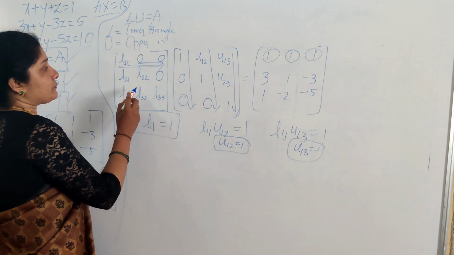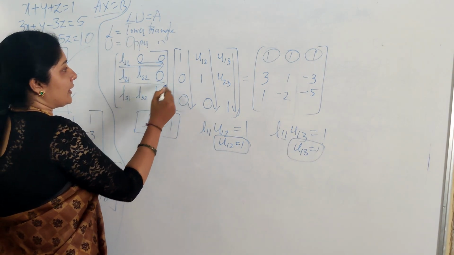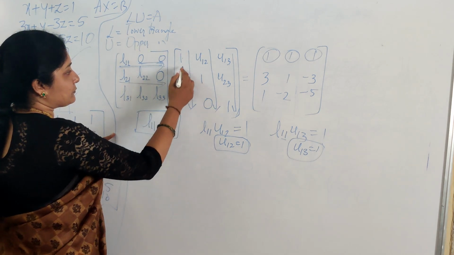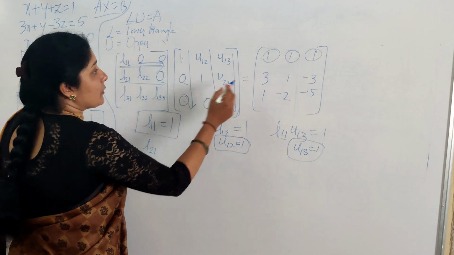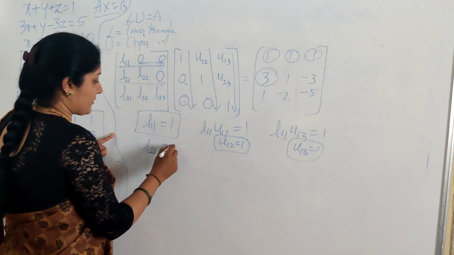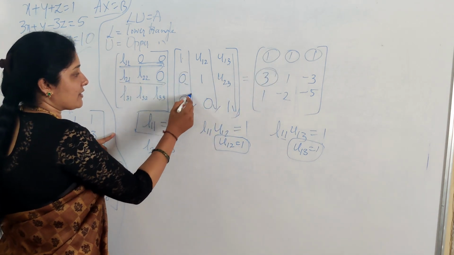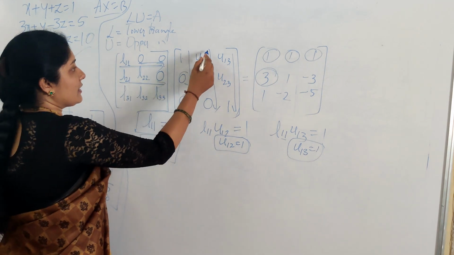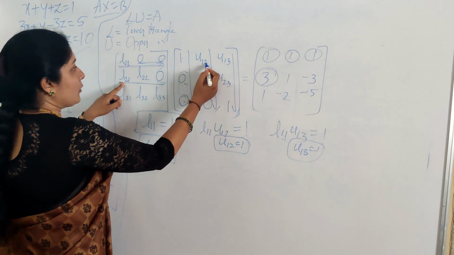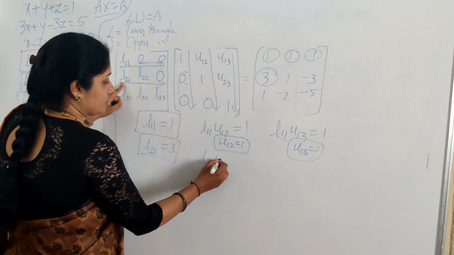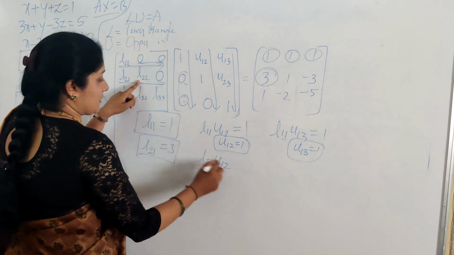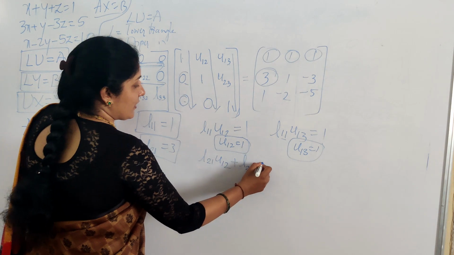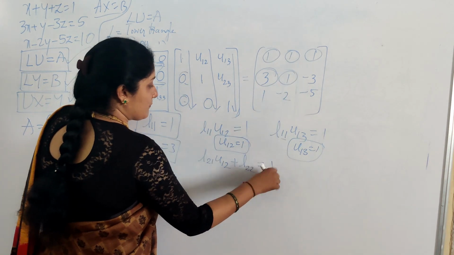Next, second row into first column. What is that? L21. So that is 3 because here the remaining elements are 0. So L21 is 3. Next, second row with second column, L21 into U12 plus L22 into 1 is equal to 1.